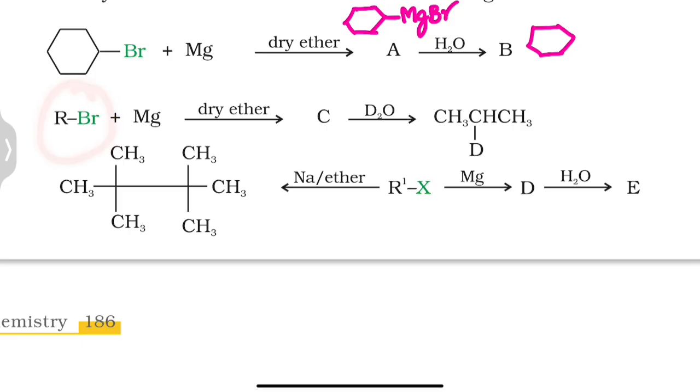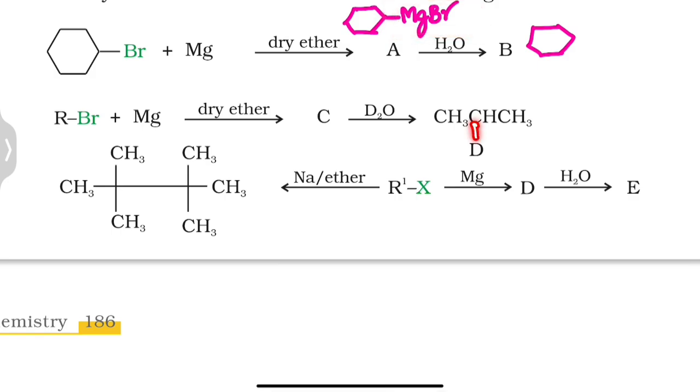So RBr, again you are treating with magnesium in dry ether. Again it is a Grignard reagent, you will be getting C. And this C, when you are treating with D2O, so instead of water, here deuterium oxide is given, D2O. So you are getting this product. Here D is attached to this carbon. So the meaning is, we are removing this MgBr and attaching hydrogen here.